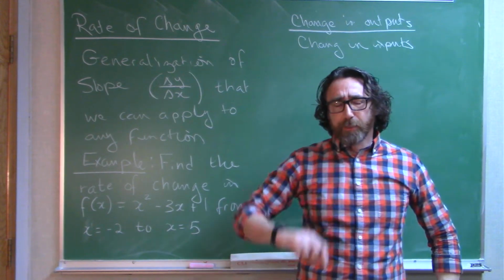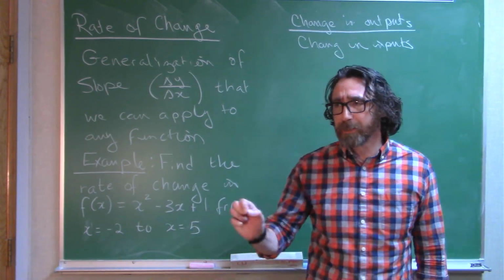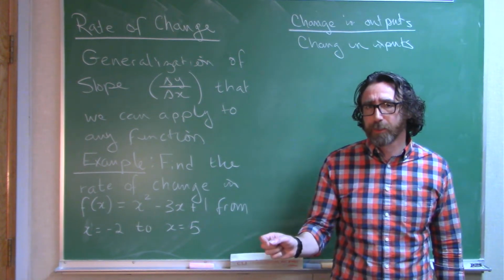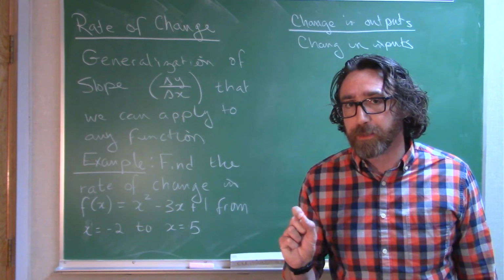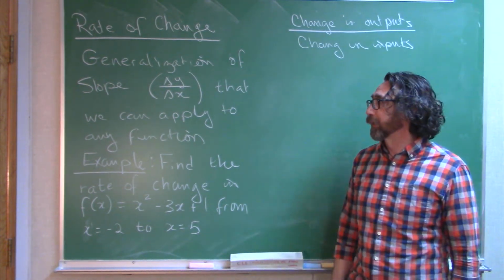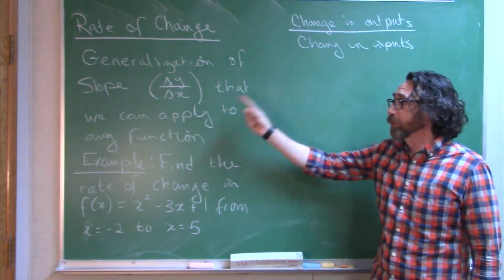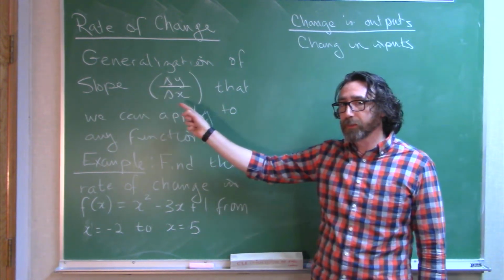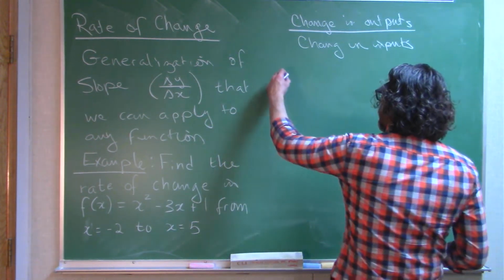I would also remind you that when we're talking about points on the graph of a function, those are input-output pairs. So the x-coordinates of points on the graph represent the input values, and the y-coordinates of points on the graph represent the output values. So when we say change in output over change in input, we really are talking about delta y over delta x.